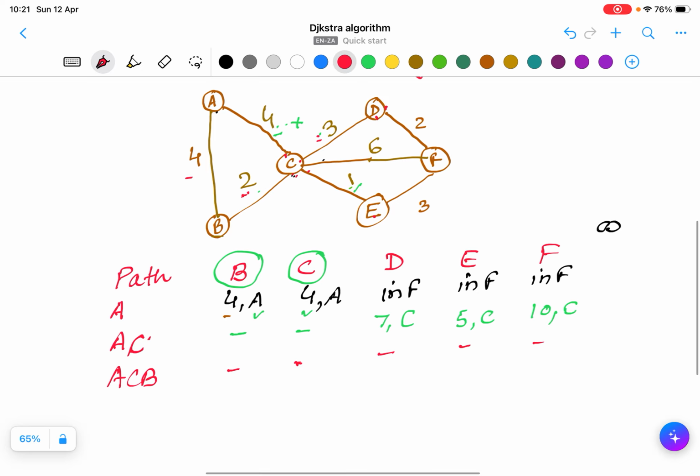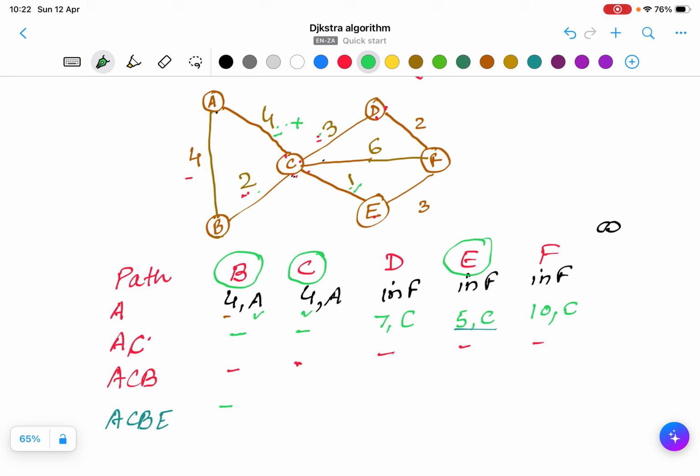Now out of these three remaining nodes, we have to see which one has minimum cost. We can clearly see that E is the winner here, so it's A, C, B, E, the next, and we will circle around it. For B again, there is no change in the cost.